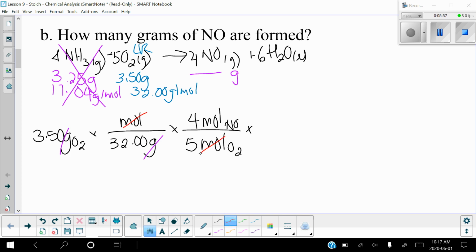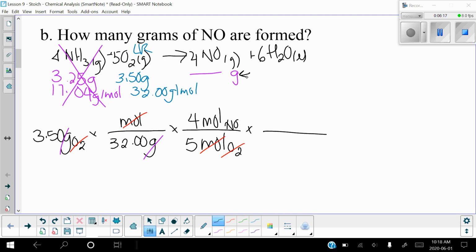Moles cancel out with moles, oxygen cancels out with oxygen, and you're left with moles of nitrogen monoxide. Lastly, you're going to use molar mass to convert it into grams because that's what we are looking for.